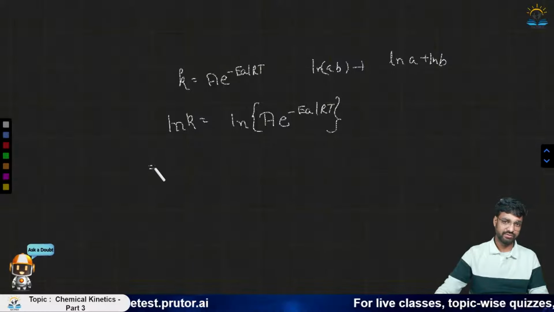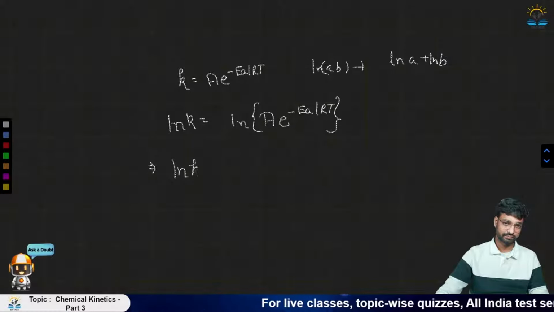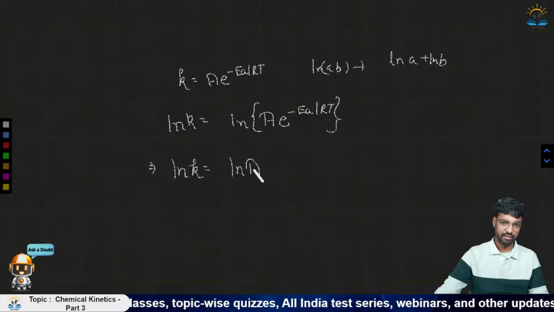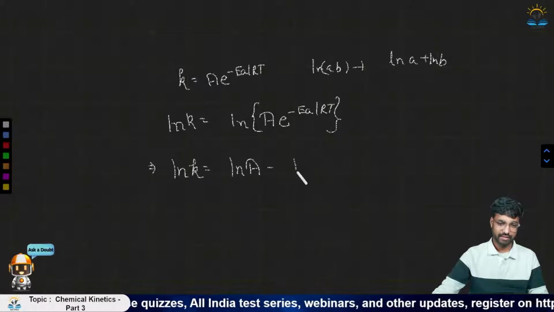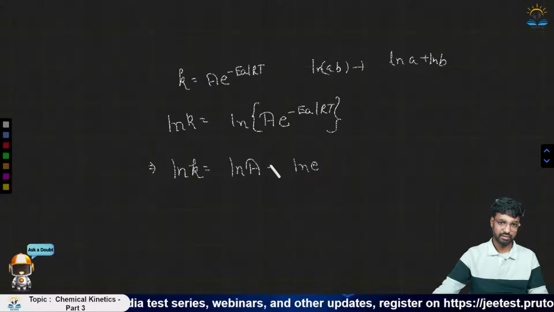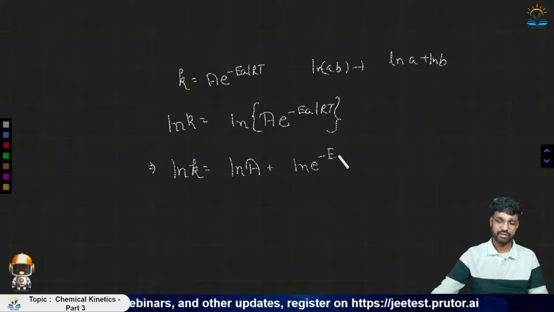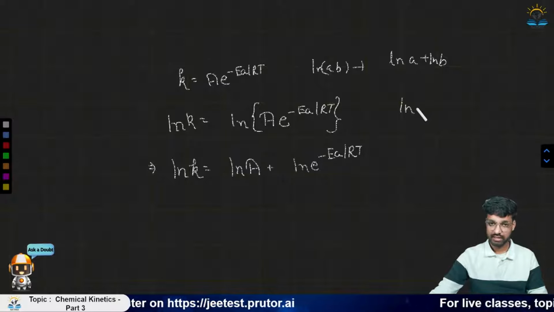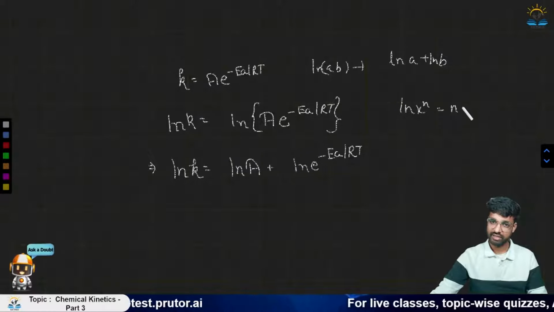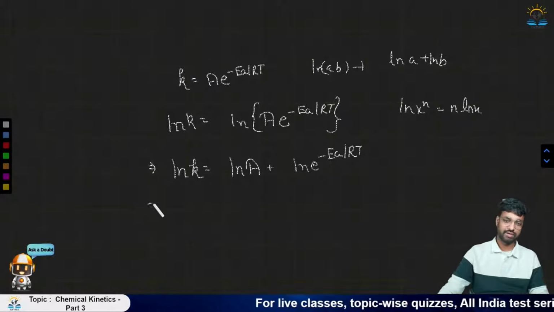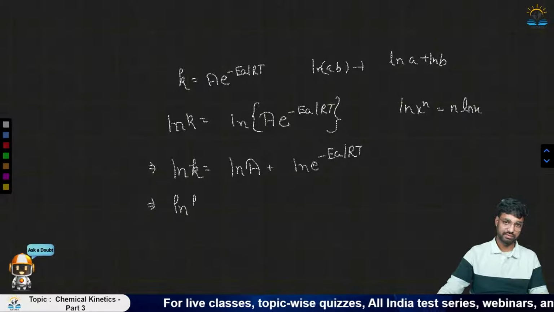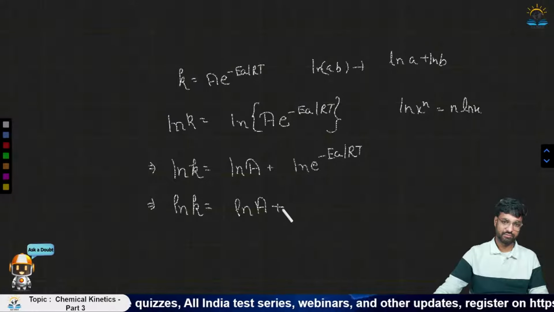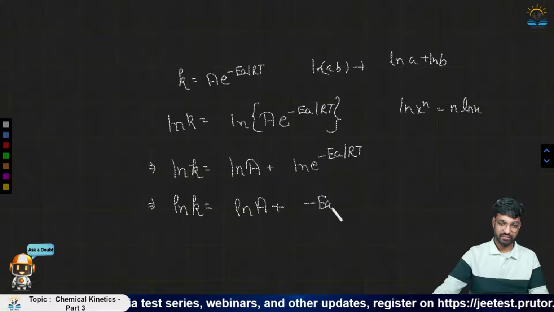So we will write this equation further as ln A + ln e^(-Ea/RT). Now further we know that ln x^n gives us n ln x. So we will write this equation further as ln k = ln A + (-Ea/RT) ln e.